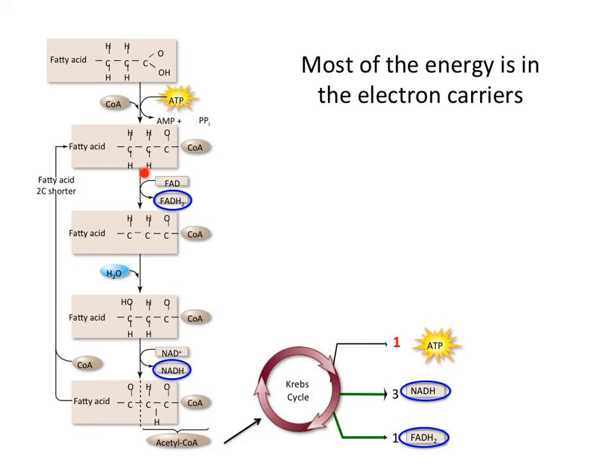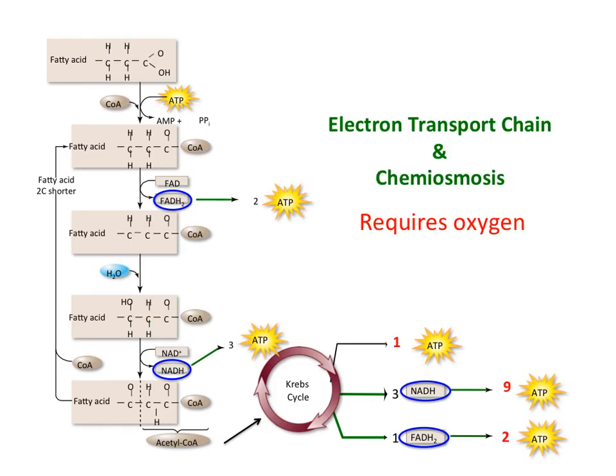So the CH bonds, those are the bonds where we're stealing the electrons from and giving them to FADH. So all the energy in the fatty acid molecule is now in these electron carriers that are carrying high energy electrons taken from these CH bonds. And to get the energy from those electrons, we have to do electron transport chain and chemiosmosis.